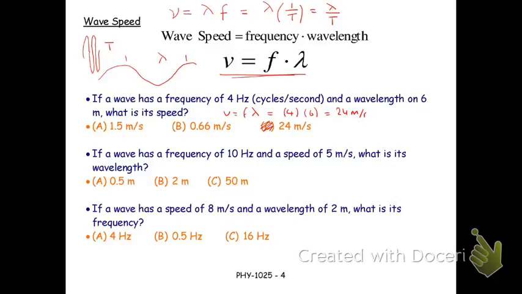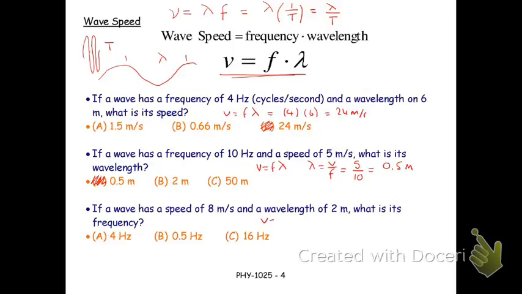And if the frequency is 10 hertz and the speed is 5 meters per second, what is the wavelength? Lambda is equal to V over f, which is 5 over 10, which equals 0.5 meters. Just using that expression.